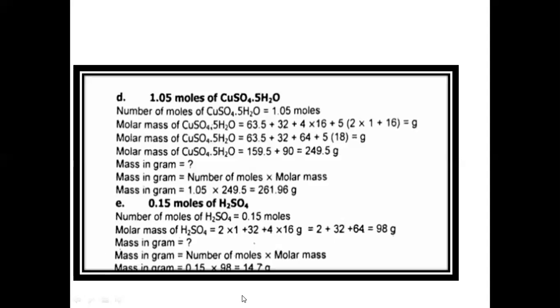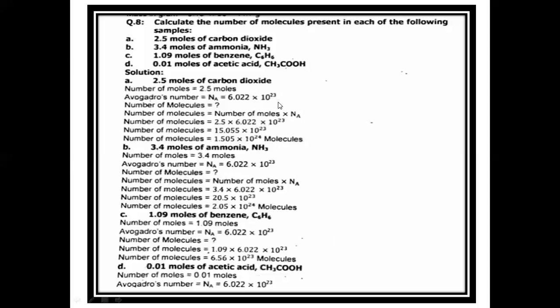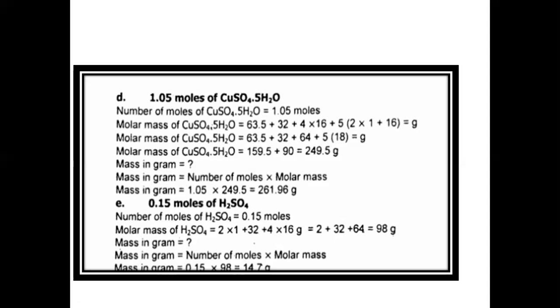Part D, 1.05 moles of copper sulfate pentahydrate. If you remember, I told you how to find out the molar mass of copper sulfate pentahydrate in my previous lecture when we were doing the MCQs. So one of the MCQs was the molar mass of copper sulfate pentahydrate. This is just simple, but the only difference is you have to find out the molar mass of water along with copper sulfate, because this is one complete molecule.